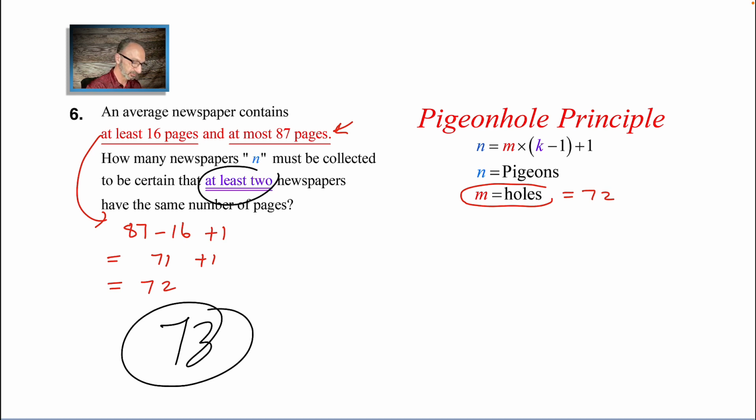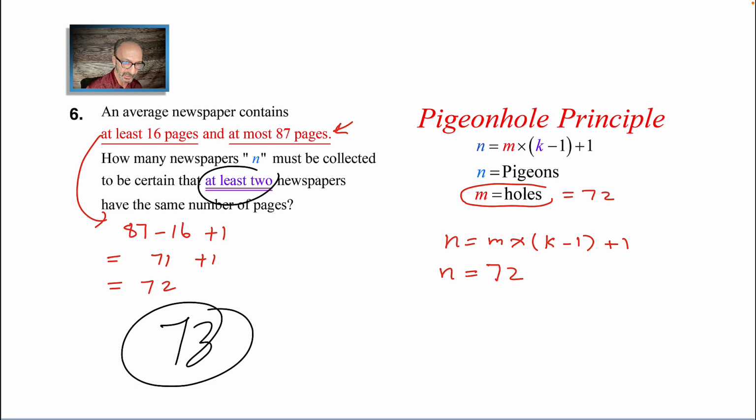But let's just do it with the formula. Here we go. I have n equals m times (k minus 1), plus 1. N equals m, number of holes, we said 72.